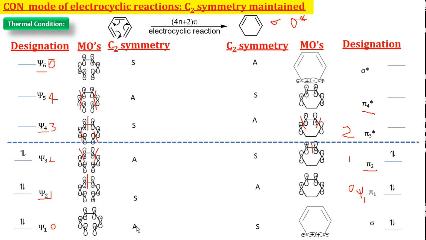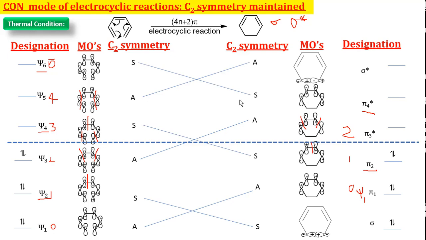Now correlate the same symmetry molecular orbitals. Here, molecular orbitals of reactants and molecular orbitals of product: asymmetry to asymmetry, symmetry to symmetry, again asymmetry to asymmetry, symmetry to symmetry. So what is happening, friends?